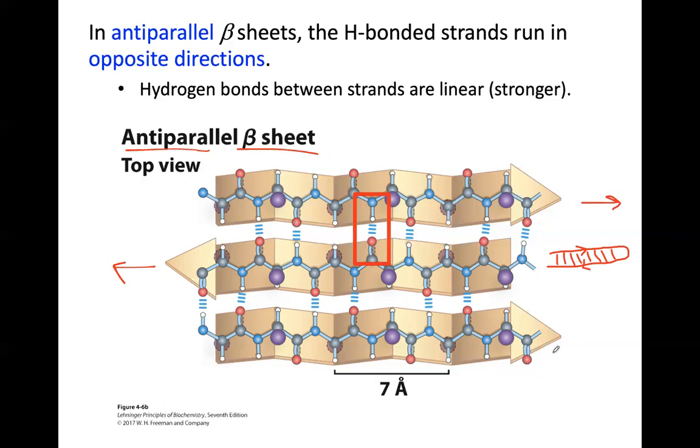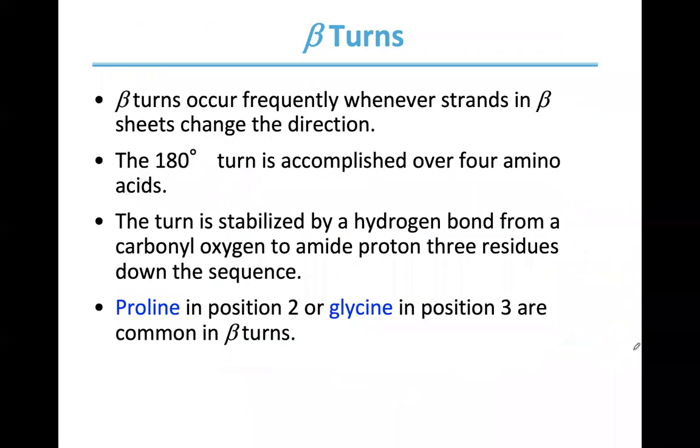All right, and then you may want to ask, what kind of structure is here? So these are known as beta turns. So that's the third type of secondary structure that we're going to look at, beta turns.